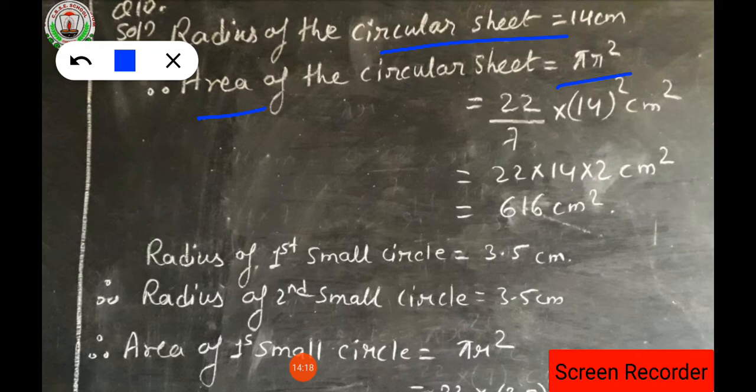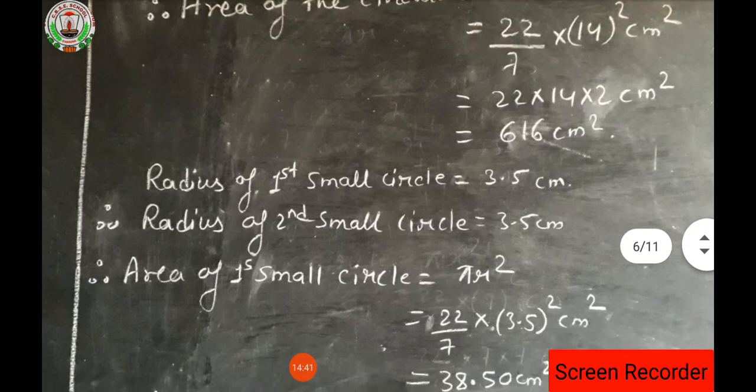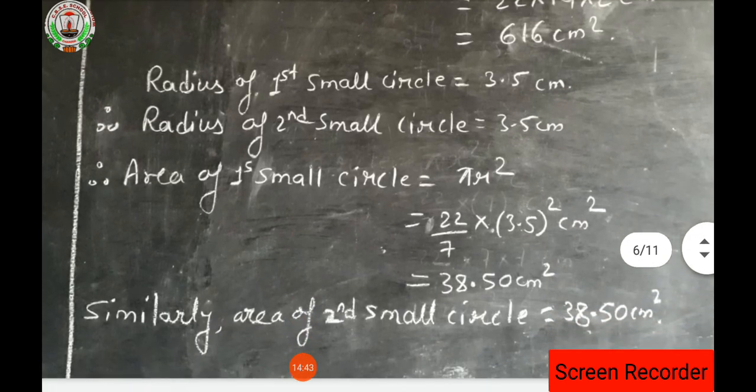So here is how to solve, I will show you. 22 by 7, 14 can be written as 14 into 14 centimeter square. So 7 ones are 7, 7 twos get cancelled, isn't it? That's why here 14 into 2 is written. Clear? So 22 into 14 into 2 will be equal to the area of the circular sheet, that is 616 centimeter square.